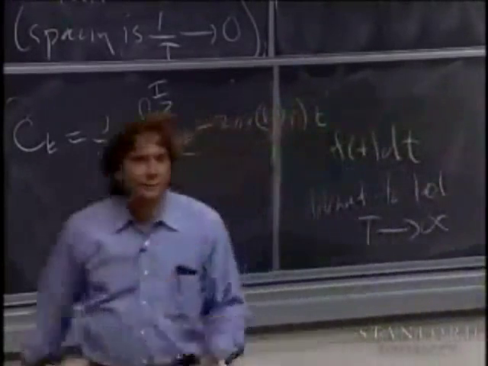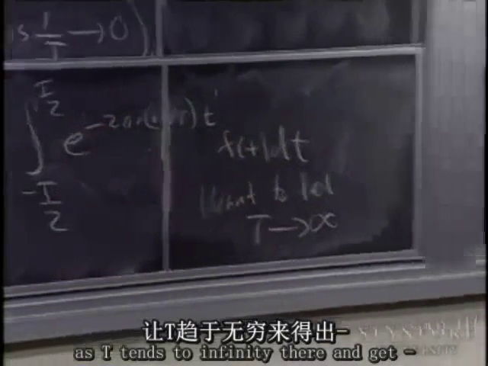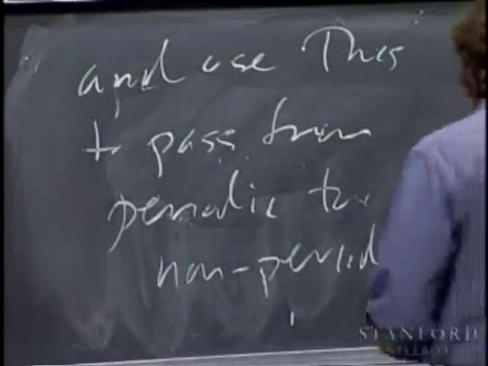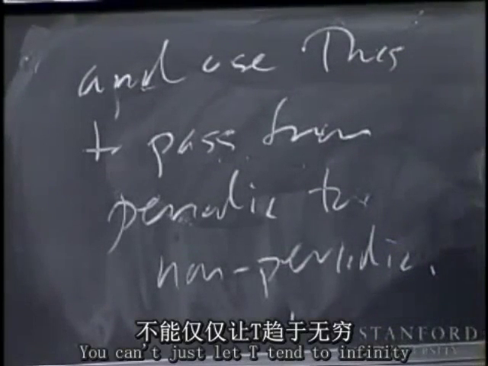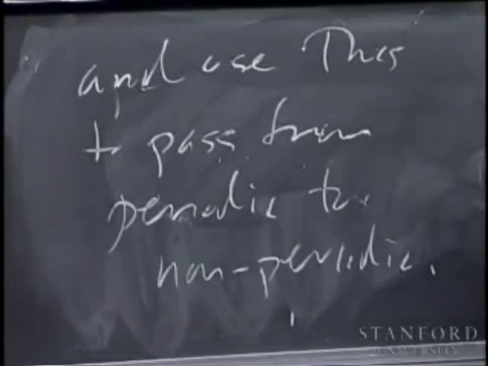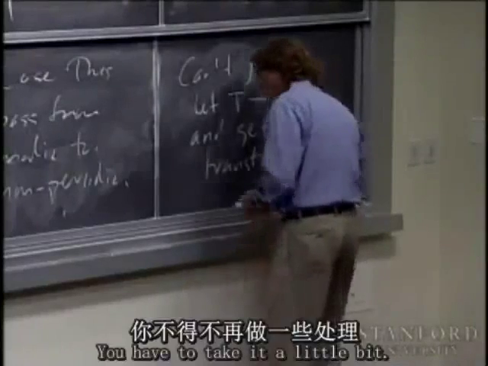And let me tell you why. I can't just take the limit as T tends to infinity there and have the Fourier transform pop out of that. It doesn't work. All right? You can't just let T tend to infinity and get the Fourier transform. You have to tickle it a little bit.